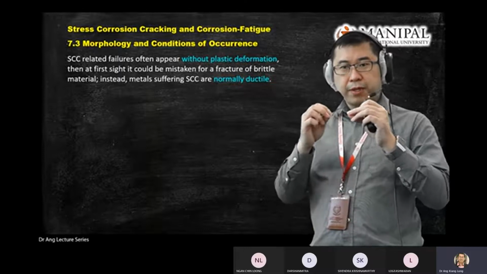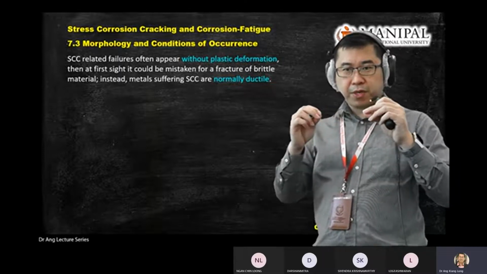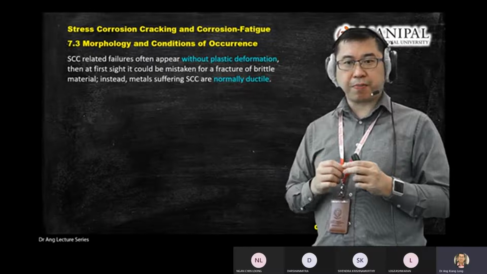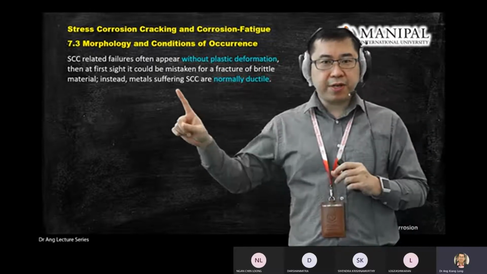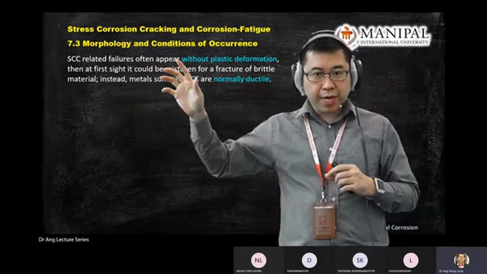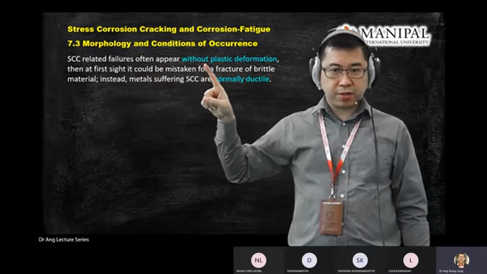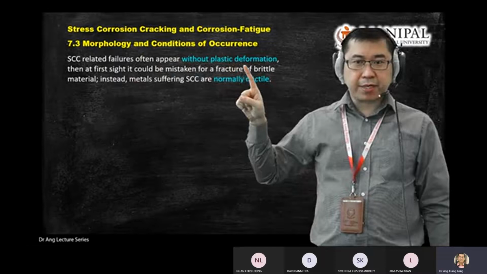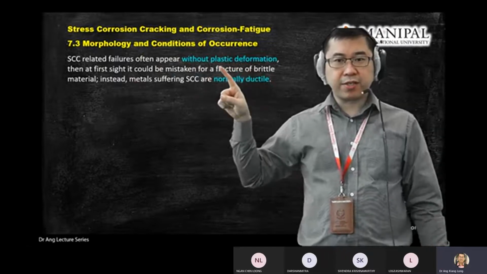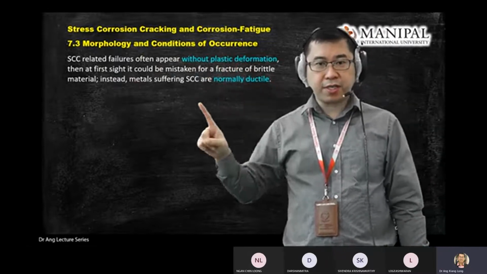When you pull, the metal will experience one region called plastic deformation. However, when it comes to the SCC corrosion cracking mechanism, SCC does not need plastic deformation. You cannot see plastic deformation in SCC.